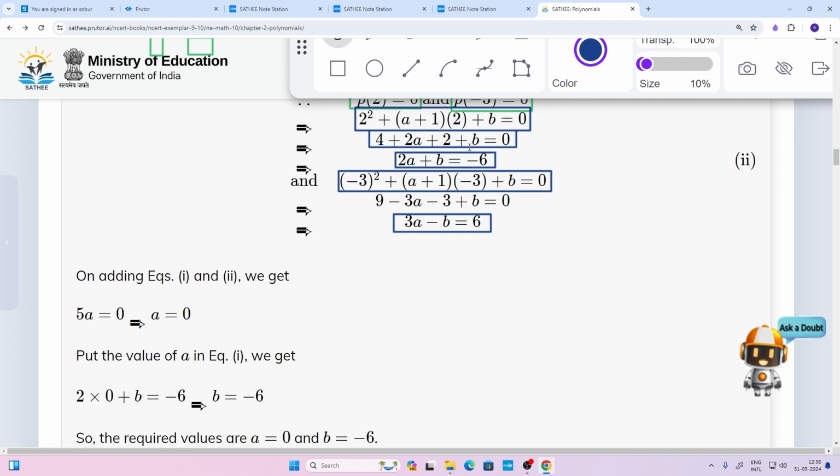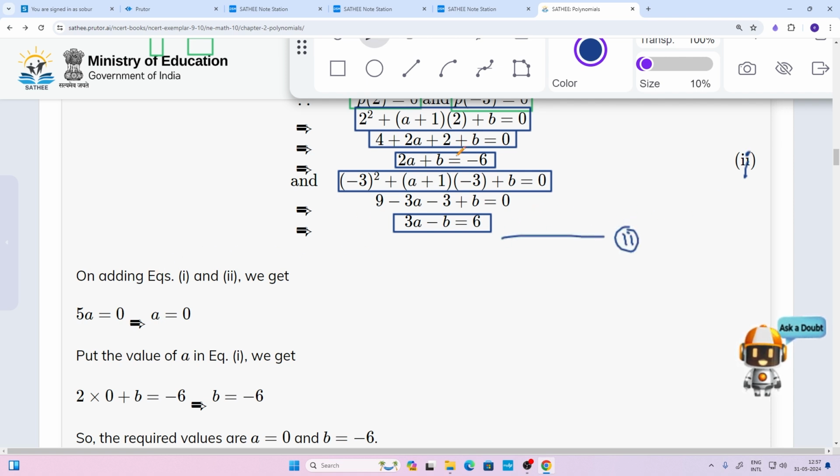So we get these two equations: 2a plus b is equal to minus 6 and 3a minus b is equal to 6. We name this equation as 1 and this equation as 2.